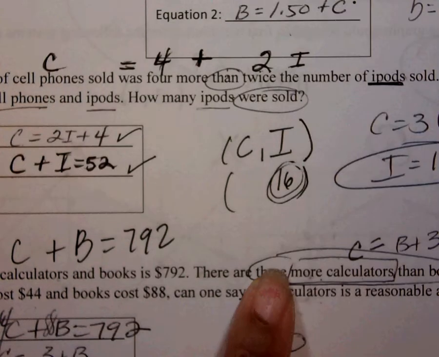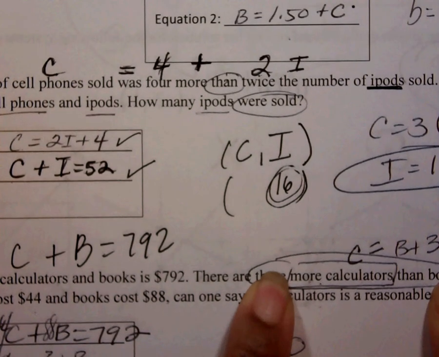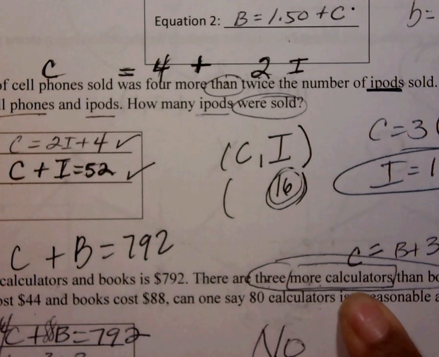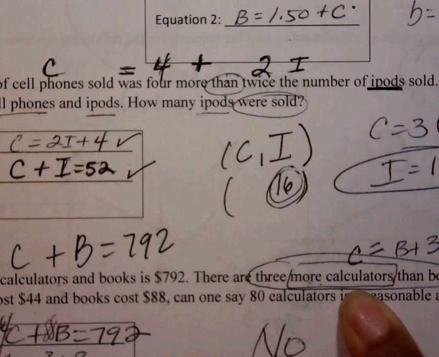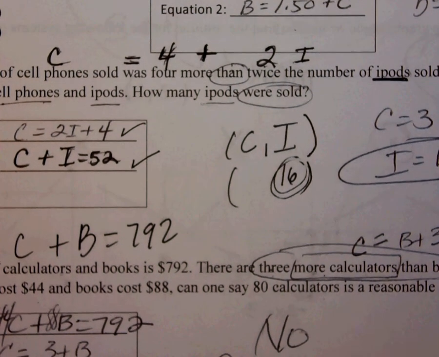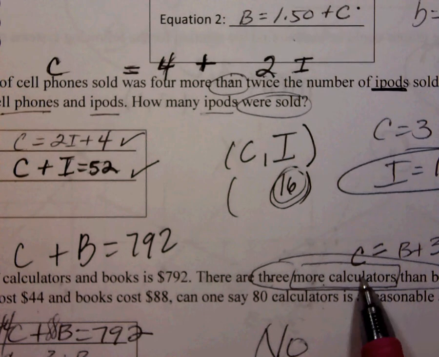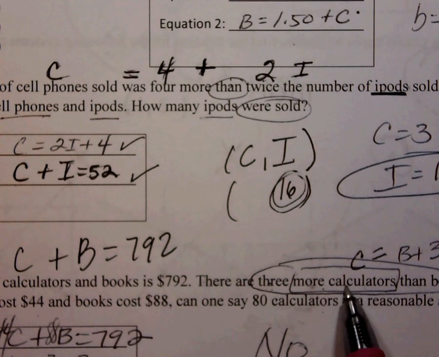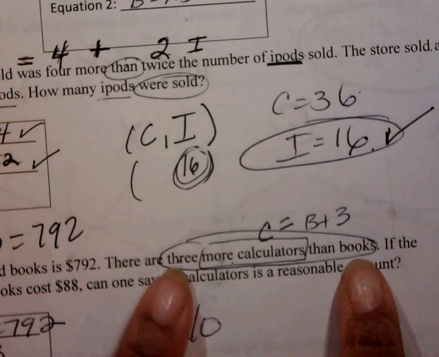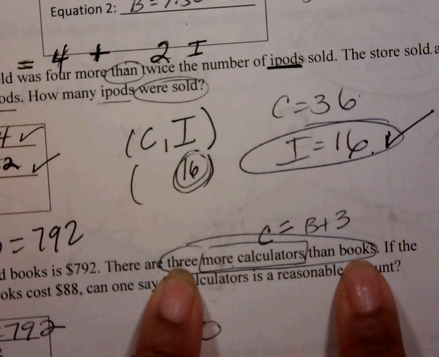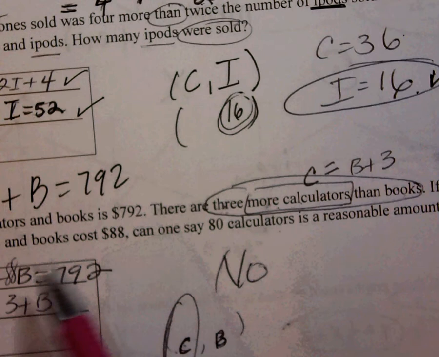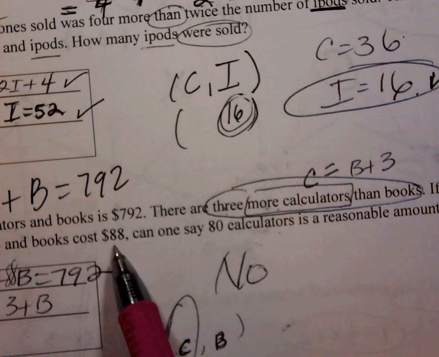So we take the 3 and the books, we put it together, and set it equal to the total, which is in the middle, because more calculators is what you have more of, so that's your total. So C, the calculators, what's in the middle, equals the outsides, 3 plus B.